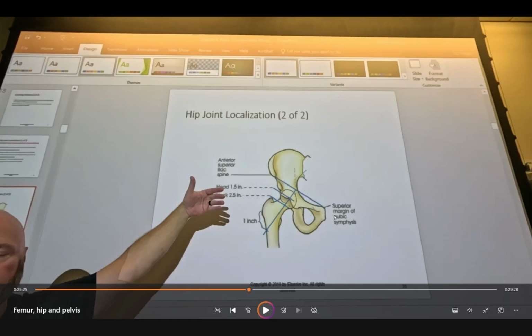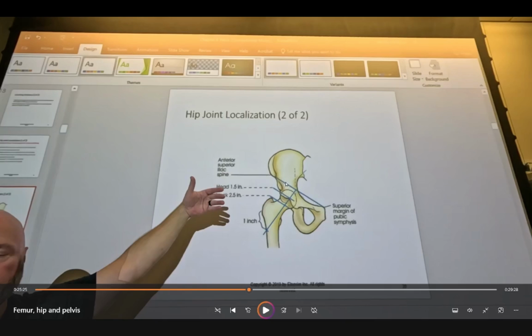I cannot stress enough how much I do not recommend that you palpate the symphysis pubis. I know we're professionals, but in the day and age that we're in right now, people are looking for reasons to be offended, and if you put your hand too low on their pelvis, it may lead to some problems, or it may lead to some uncomfortable situations for you as a technologist, as somebody may think that you're doing something that you should not be doing, or possibly they want you to do.